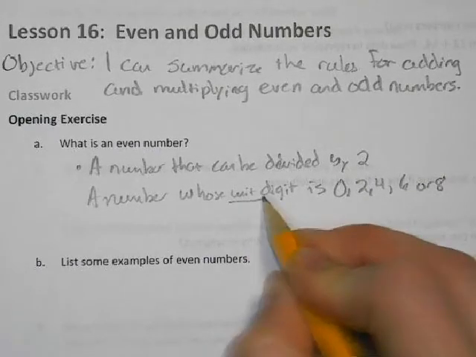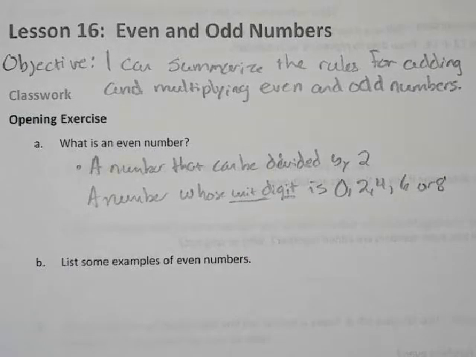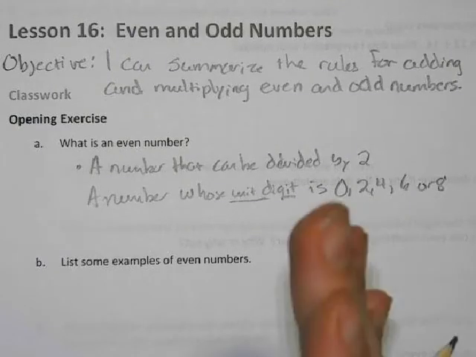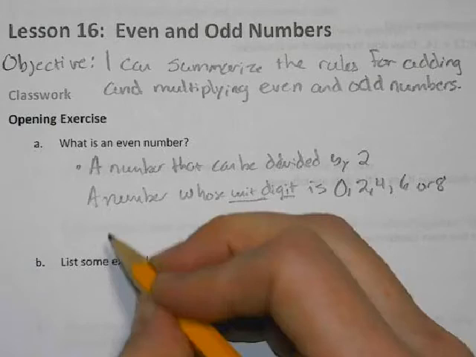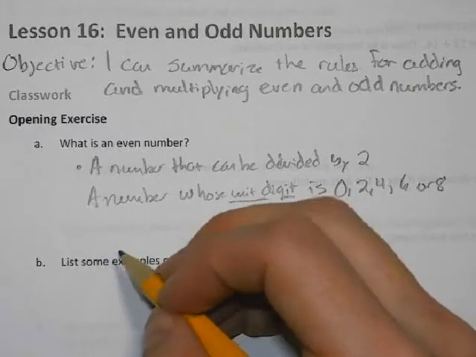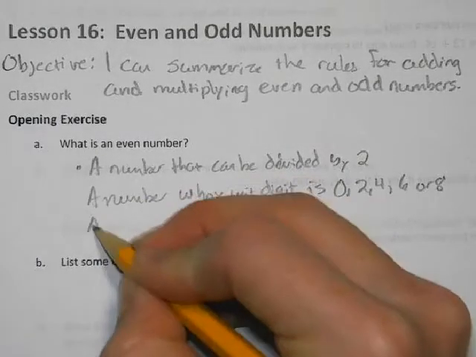And again, unit digit just means the number in the ones place. And all the multiples of 2.